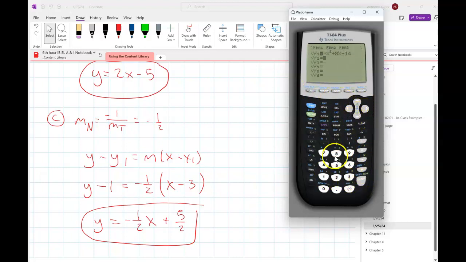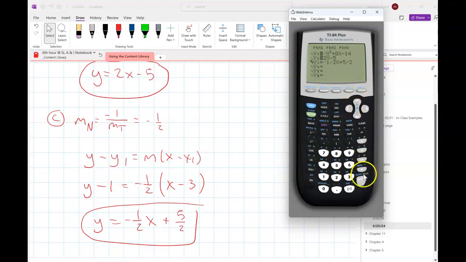And then we had the tangent line 2x minus 5 and the normal line negative 1/2 x plus 5 over 2. I'm going to turn this one off initially.